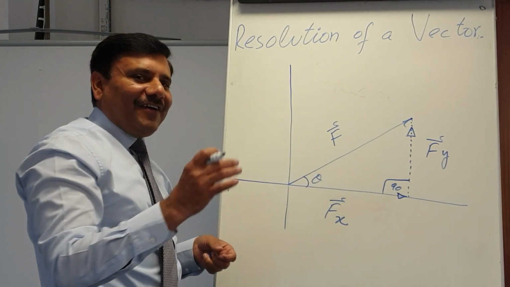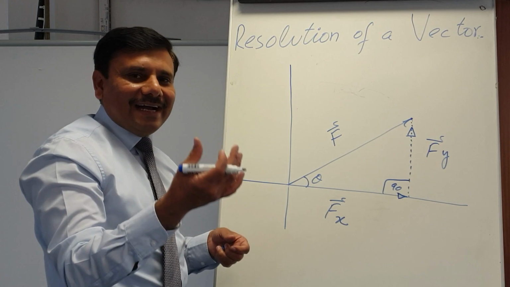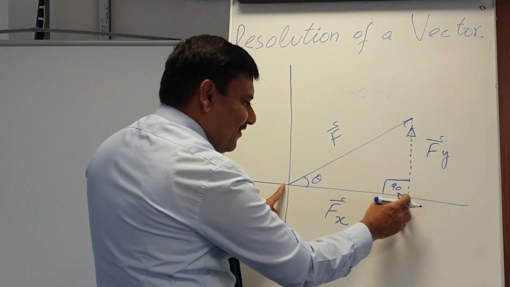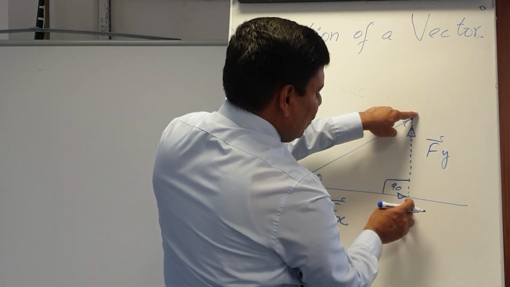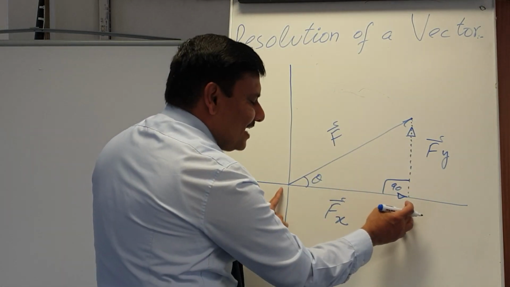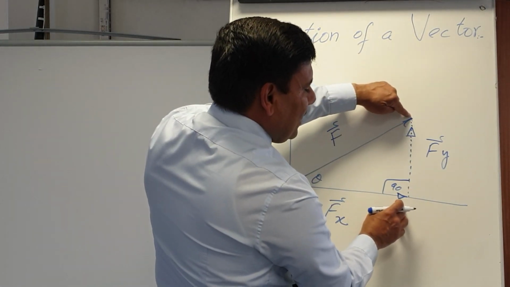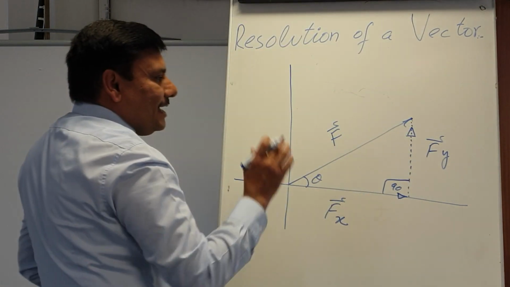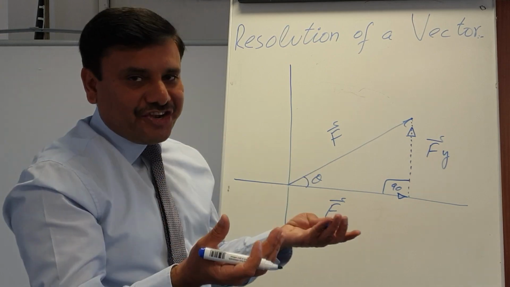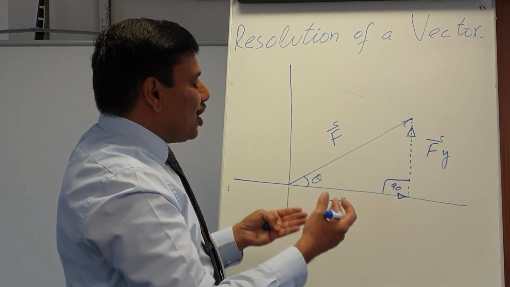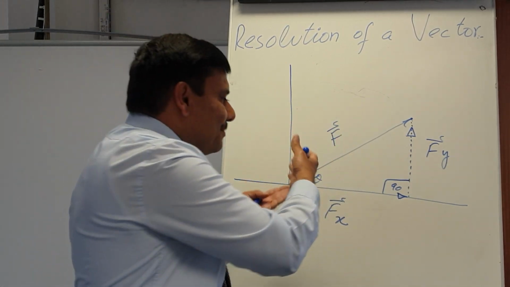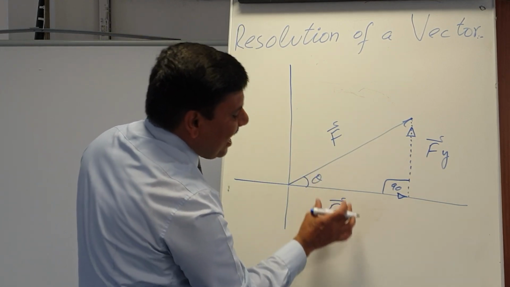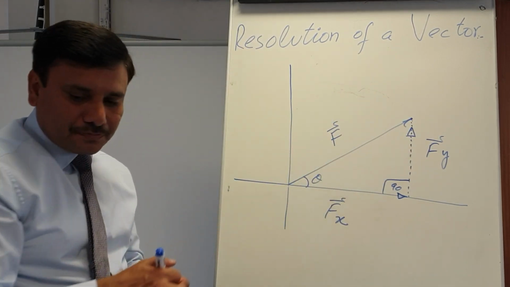The combined effect of all the vectors added together to get a single vector. So if we add Fx and Fy, then we will definitely get this F. And it is not a simple addition. I am talking about the combined effect, not mathematical addition. So F is the combined effect of Fx and Fy.